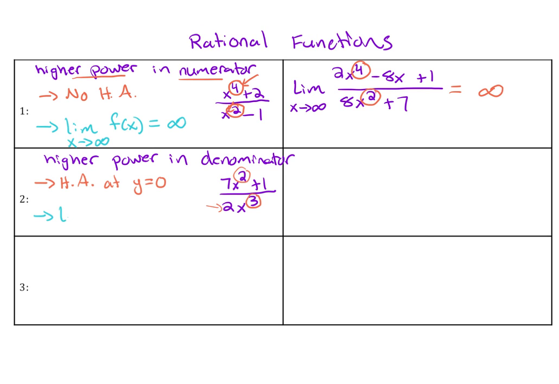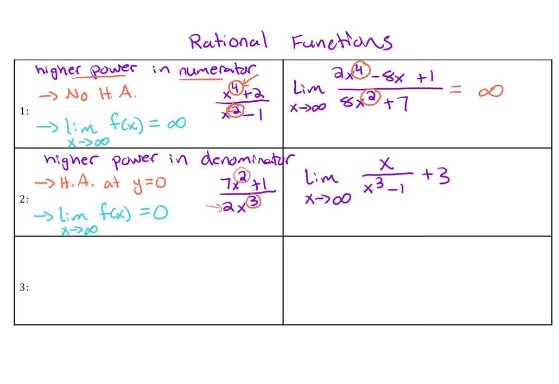So if you have the limit as x approaches infinity of this type of function, it will be 0. So here is a specific example. The limit as x approaches infinity of x over x to the third minus 1, plus 3.